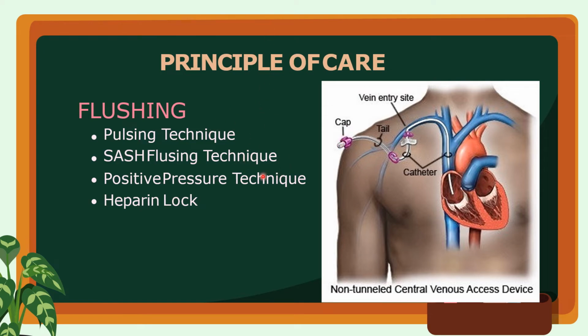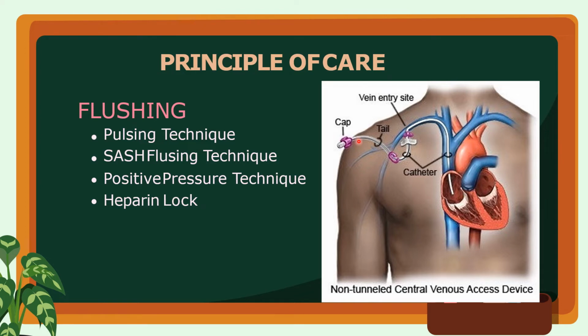So remember that the main purpose of doing this flushing technique is to keep your line patent and to prevent formation of blood clots. So we usually flush our line before giving medication and after giving medication, and also in between infusions.